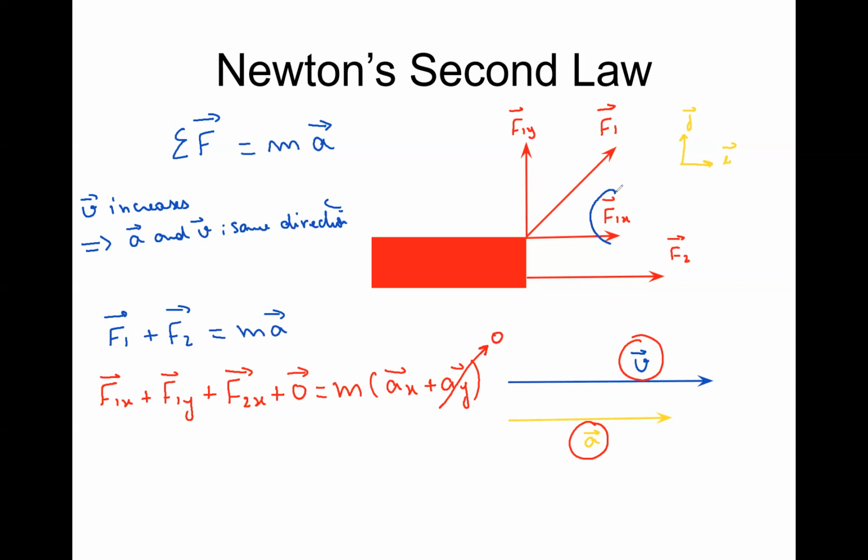F1x is in the positive I direction. We write F1x as an absolute value in the positive direction.